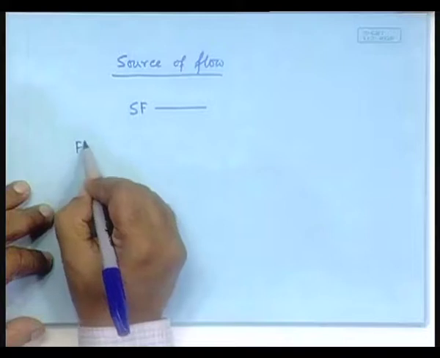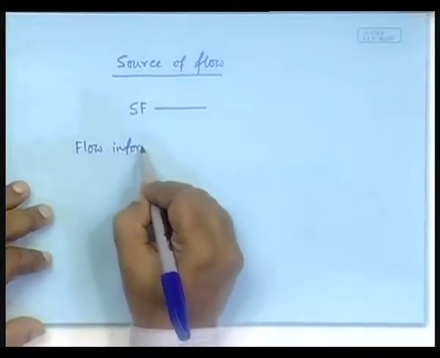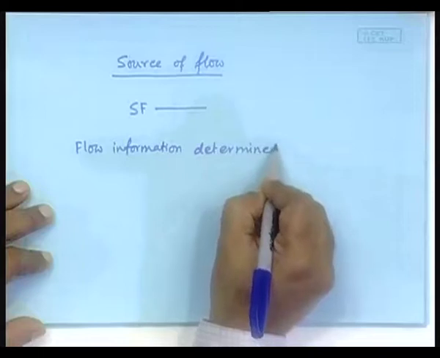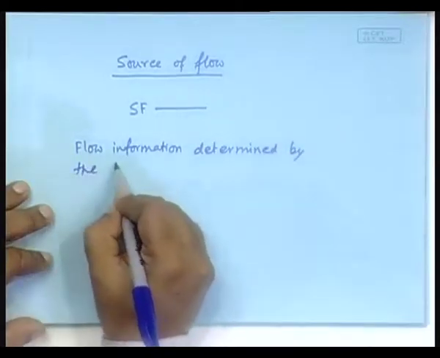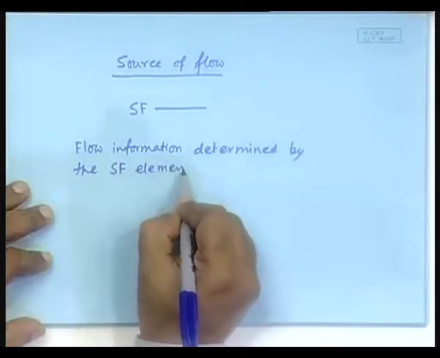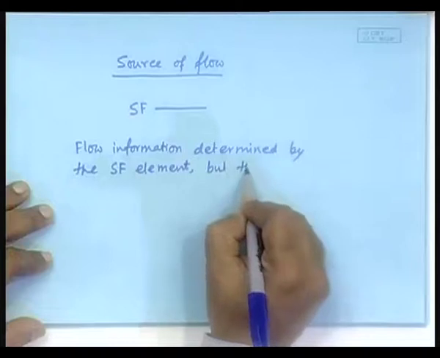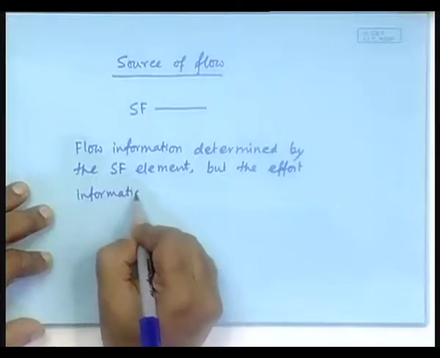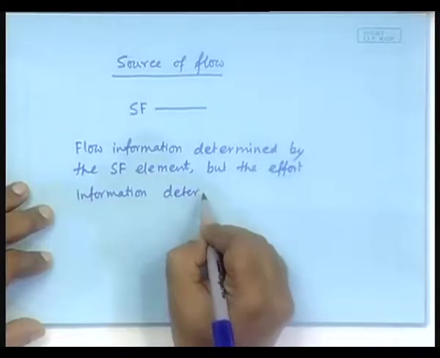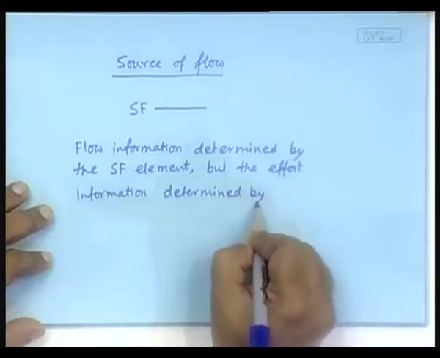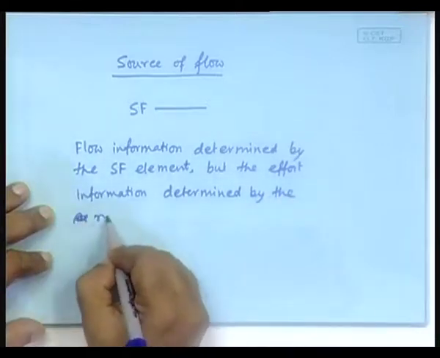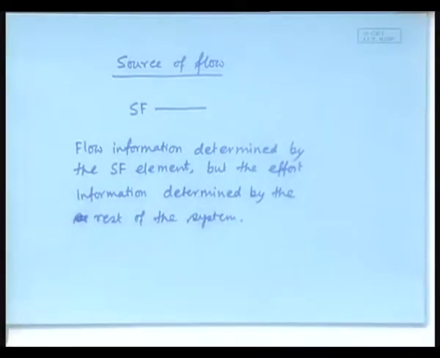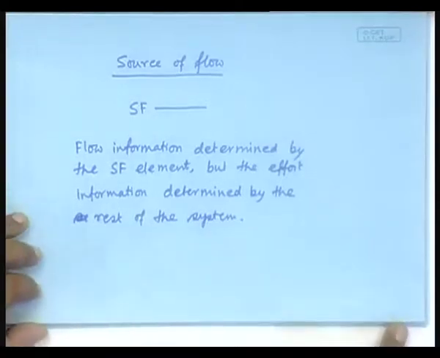So, the flow information. So, that is the property of the SF element, source of flow.